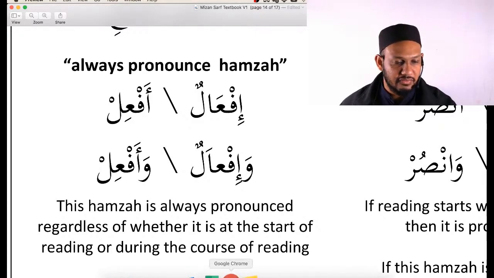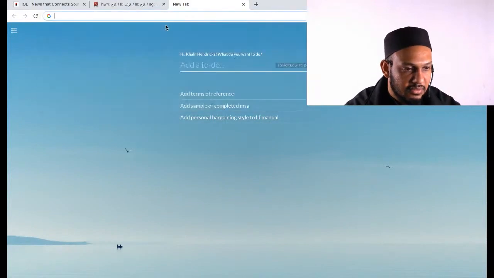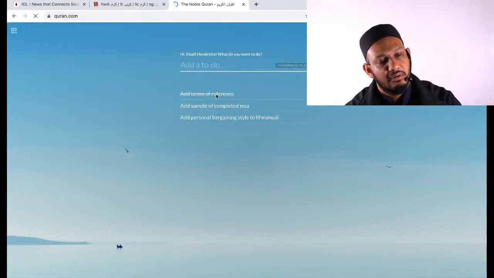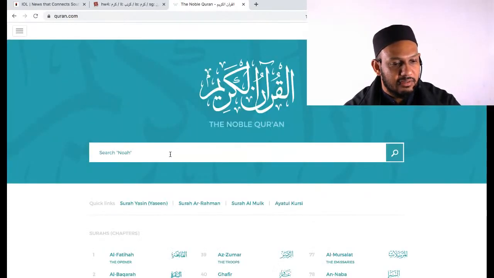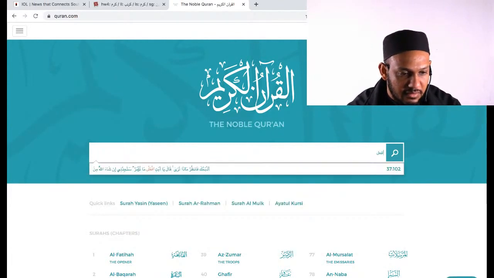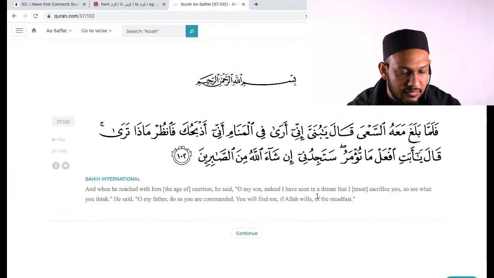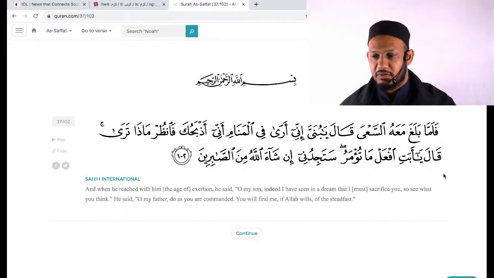For example, let's go to the Quran for one second. Let's look for an amr. Let's see if we can find the amr. We're looking at this part of the verse here. Second line here, it says, قَالَ يَا أَبَتِ.